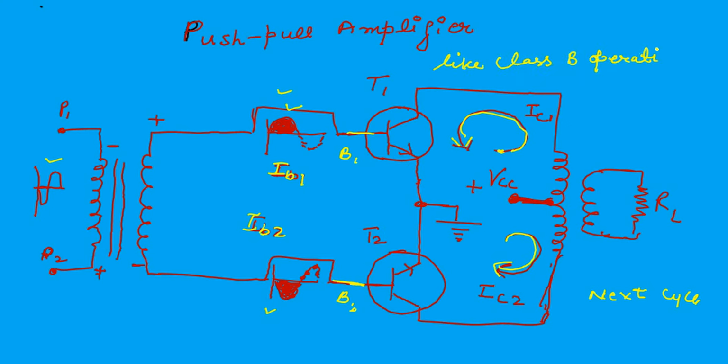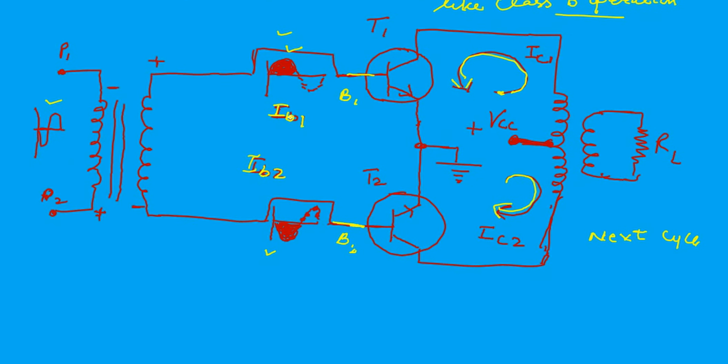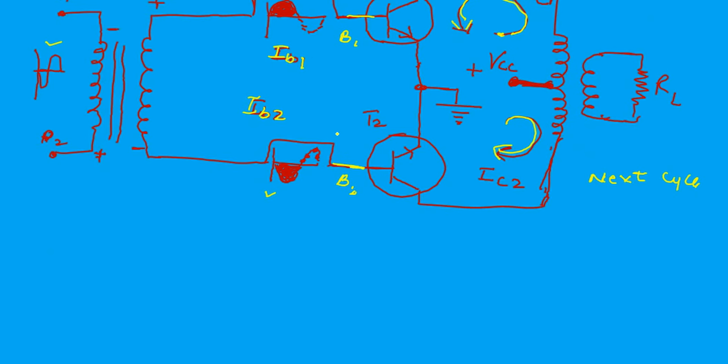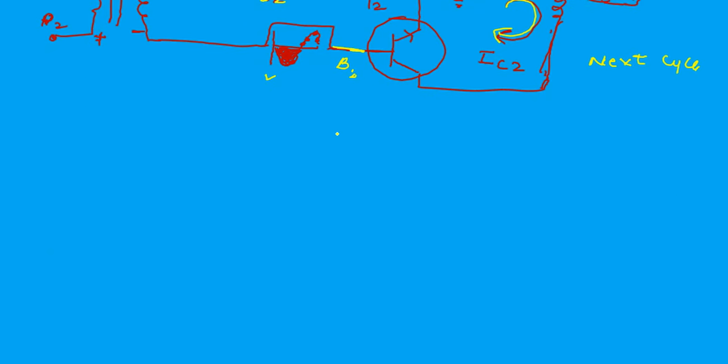So this is exactly class B operation. Each transistor works for one half cycle, because there is no current flowing in the absence of the signal.